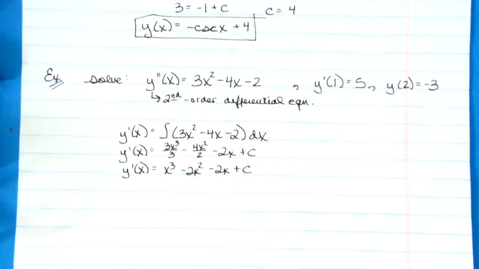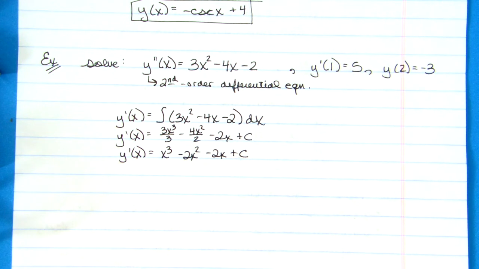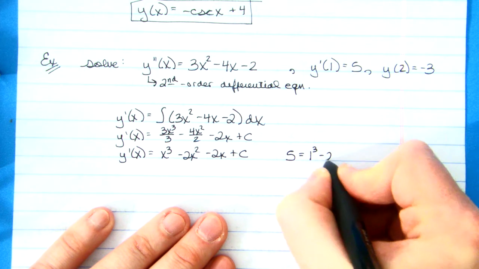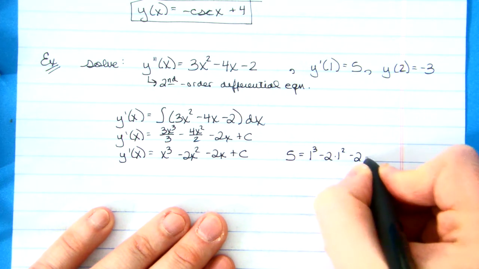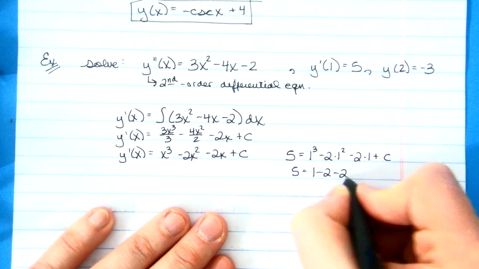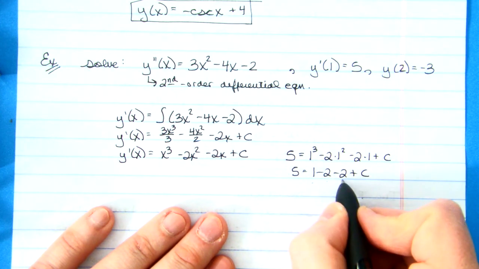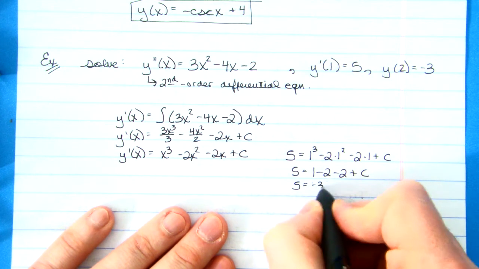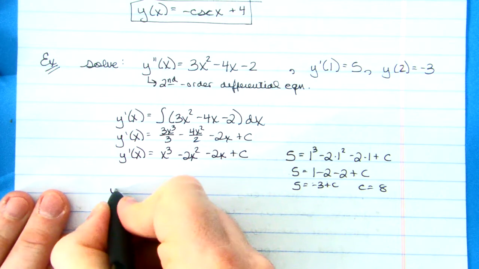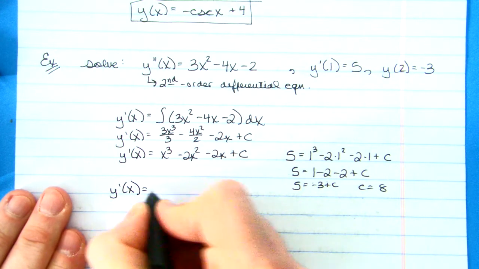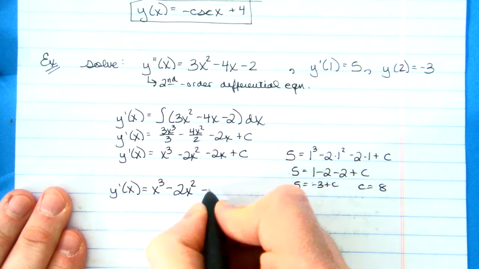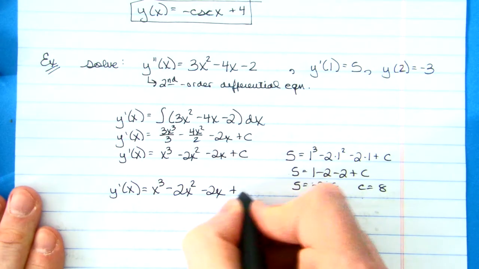I told you that y prime of 1 was 5, so we're going to plug that in. 5 equals 1 cubed minus 2 times 1 squared minus 2 times 1 plus a constant. 5 equals 1 minus 2 plus c. Negative 1 minus 2 is negative 3. 5 equals negative 3 plus a constant. Your constant is 8, which means your particular solution for y prime of x is y prime of x equals x cubed minus 2x squared minus 2x plus 8.